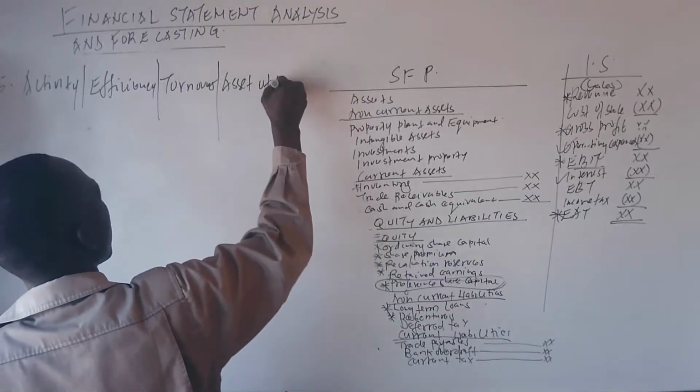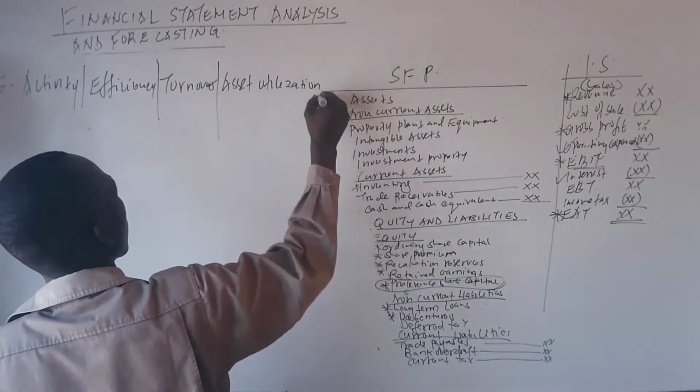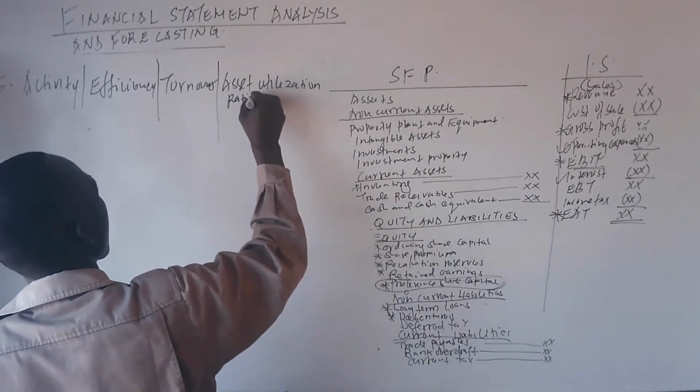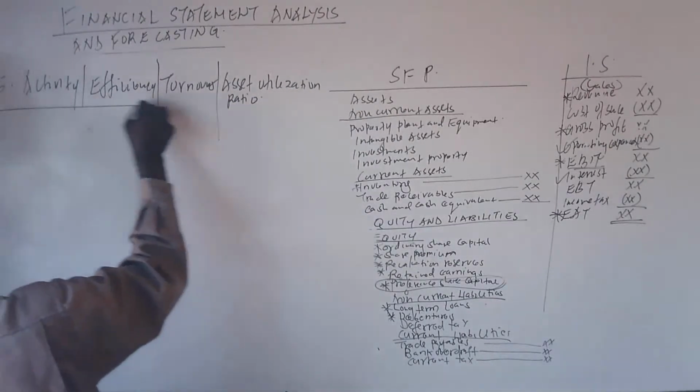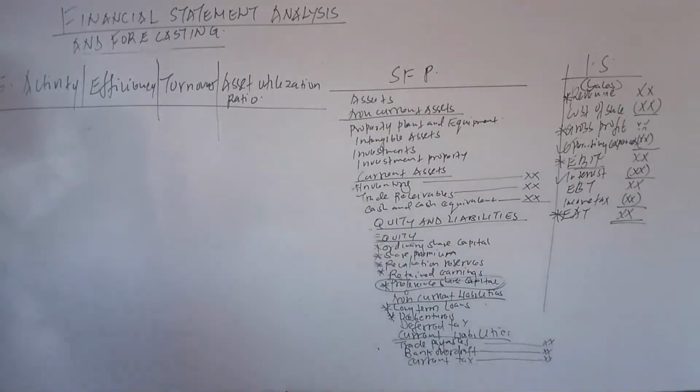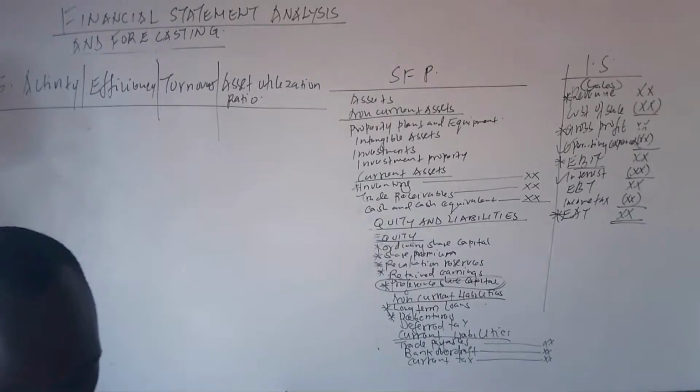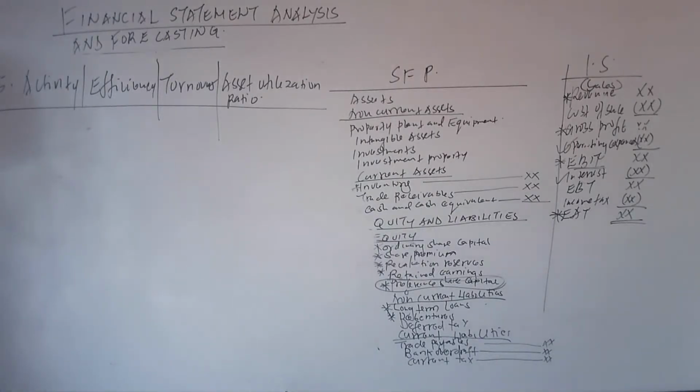Asset utilization ratio. This is our final ratio.